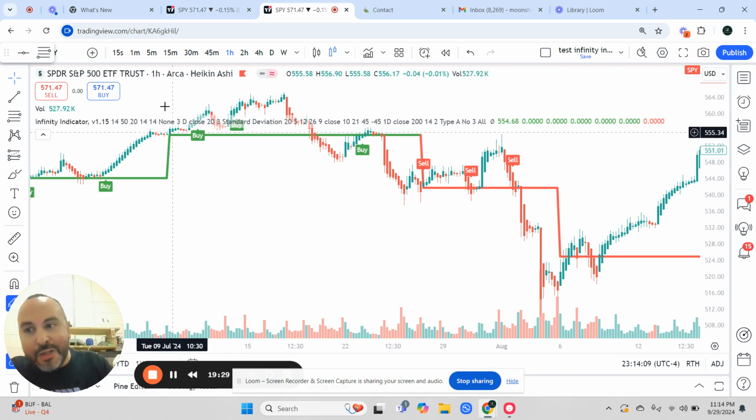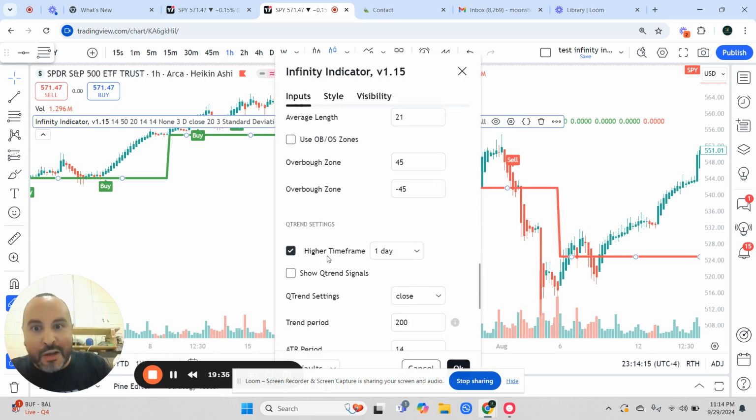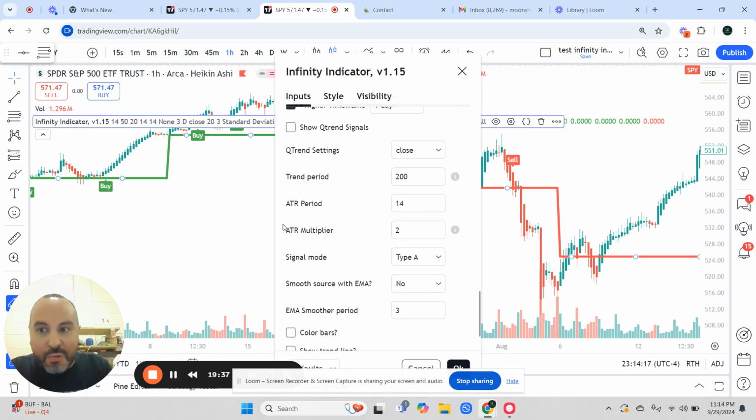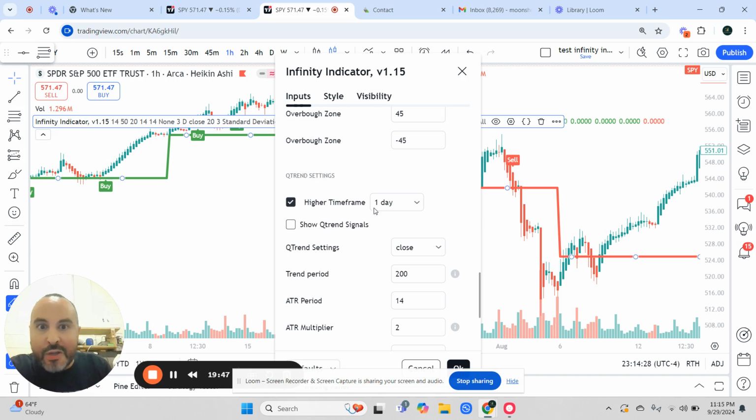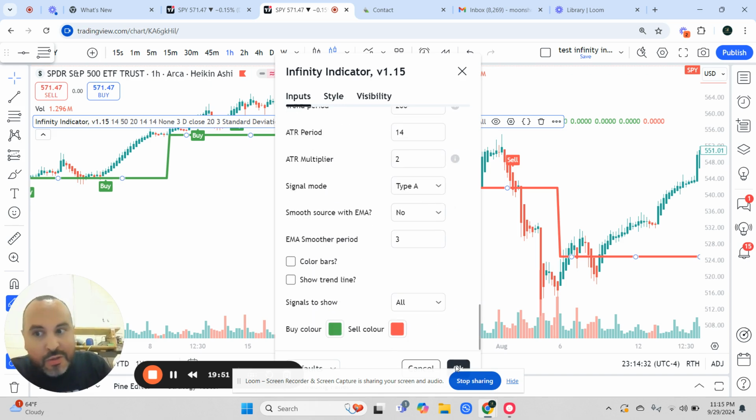But you saw how easy it was to change from one to the other. It's 2 boxes. The only difference between the 5-minute chart and the hourly chart was I changed from ETH to RTH, I changed the ATR multiplier from 1.5 to 2, and I changed the higher time frame from 30 minutes to 1 day. That's it. That's the only difference. So you can definitely change it.